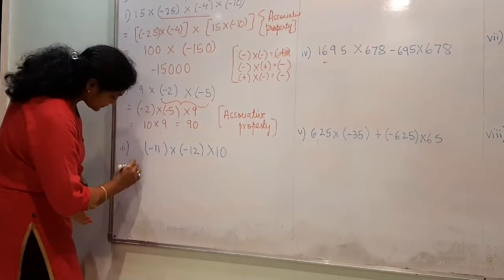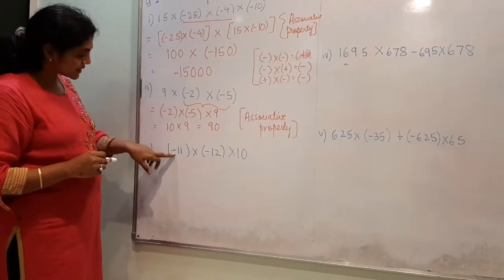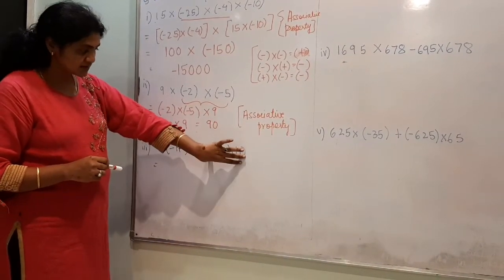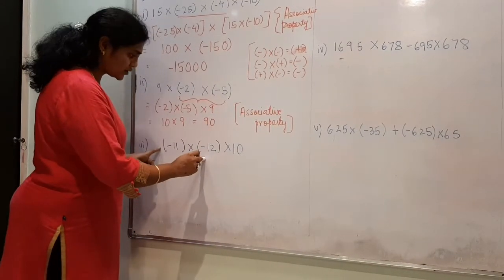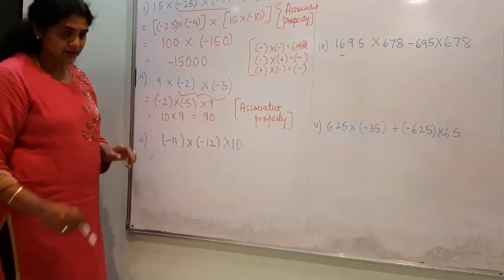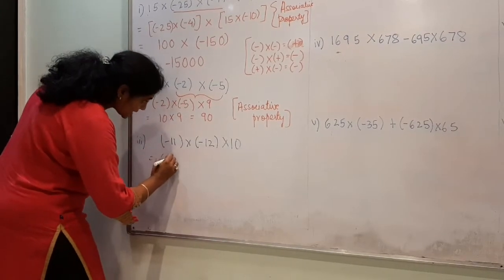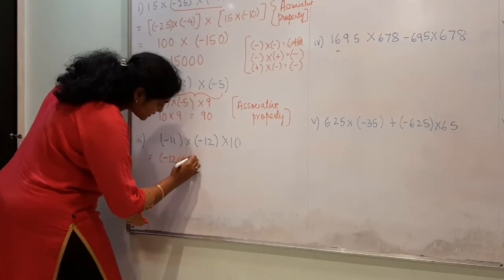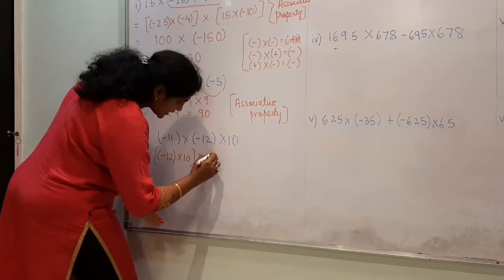Now again, how can you do this? You can either combine these two first, 12 into minus 10, or straight away you can do this and this, multiply, and again multiply by 10. So I will do it this way, minus 12 into 10. I will group these two first and then 11.